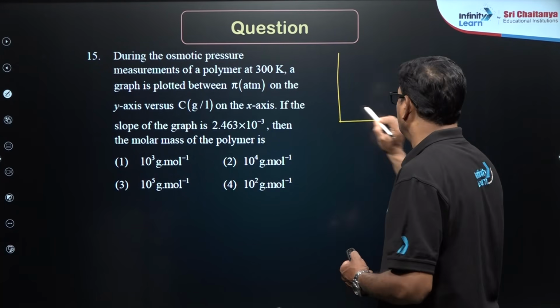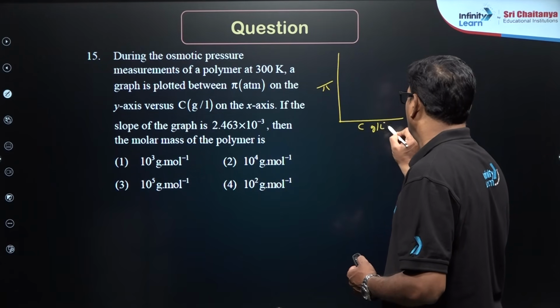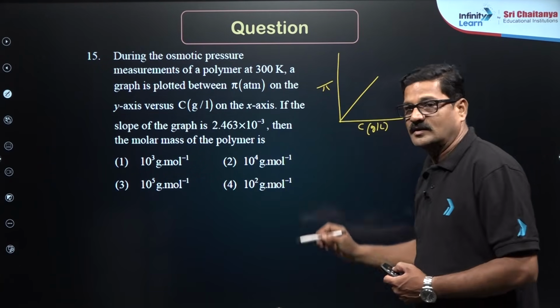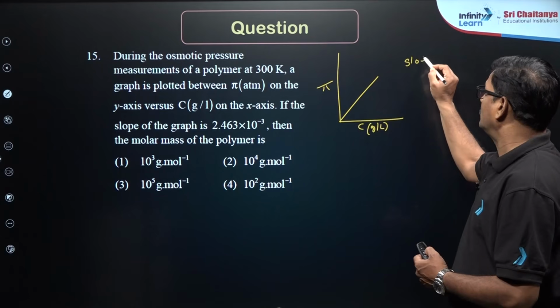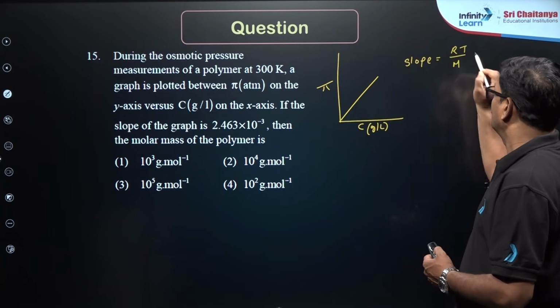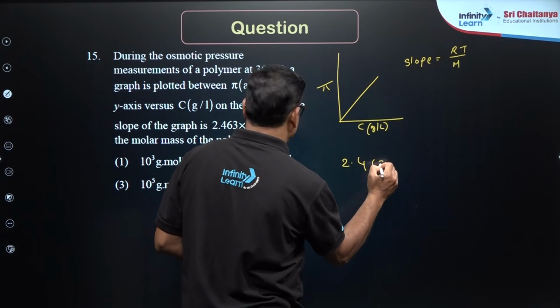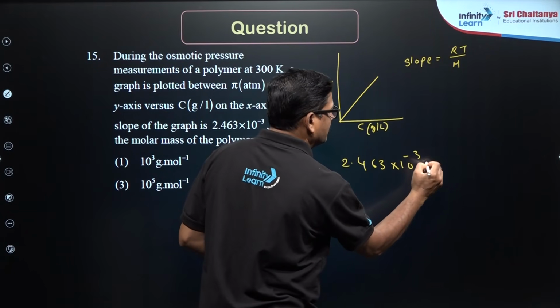If you draw a graph between the pi versus C in gram per liter, you are going to get a straight line, and the slope is going to be RT by M, which is equated with 2.463 into 10 raised negative 3.